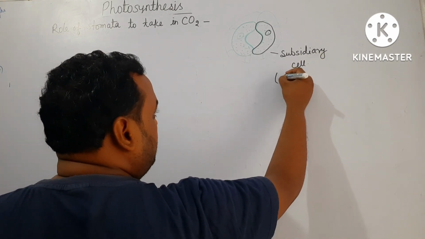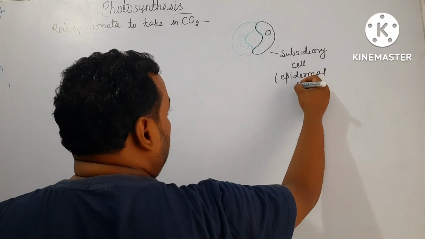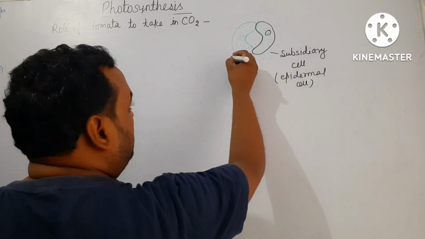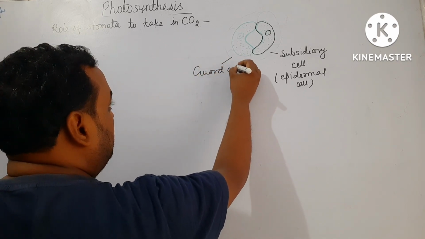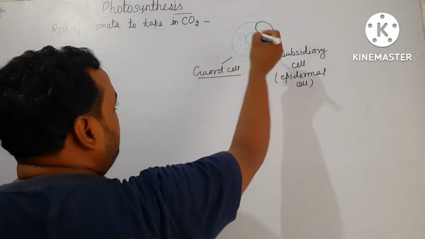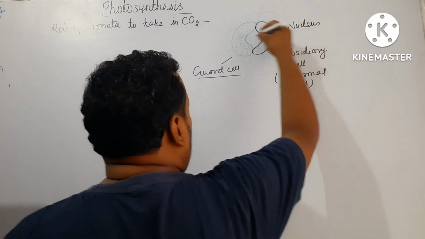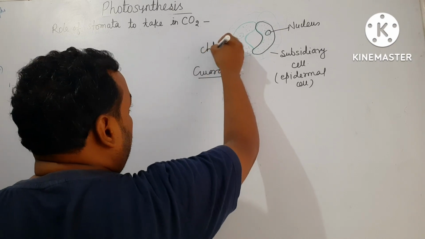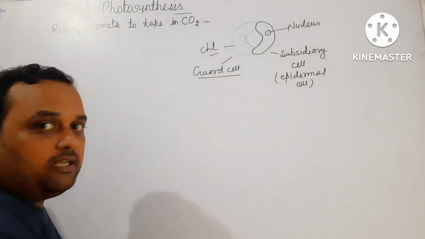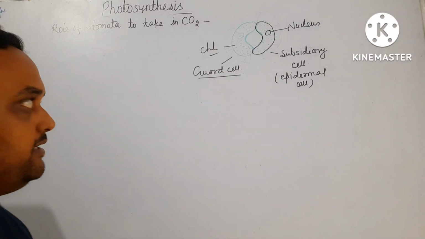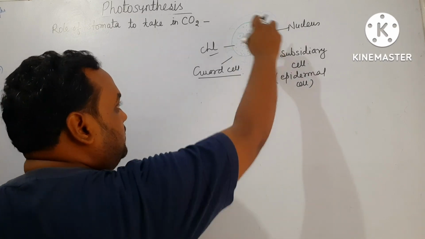In some books it is known as epidermal cells. Now this one is the guard cell, which contains the nucleus as well as chloroplast. The inner layer is always thicker as compared to the other ones.